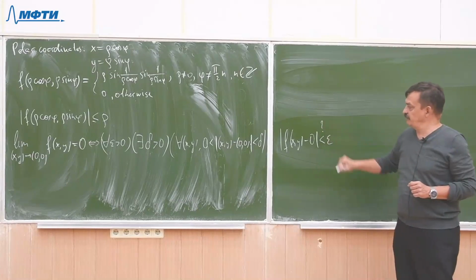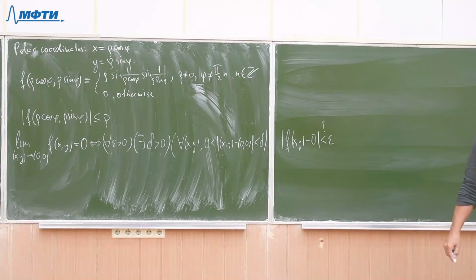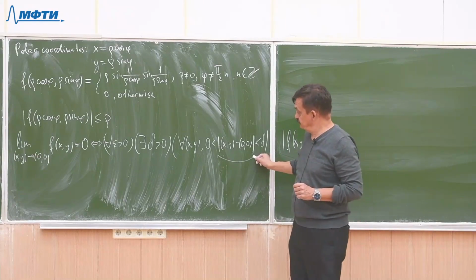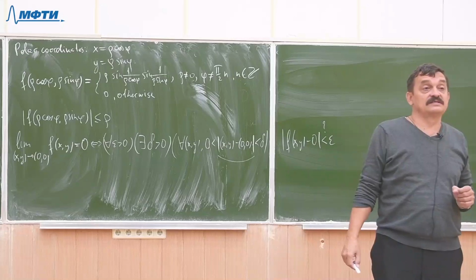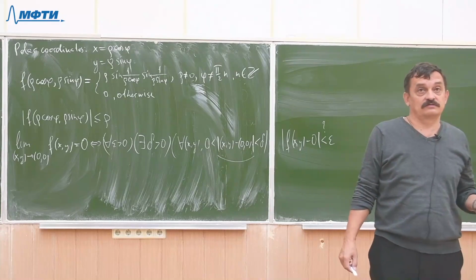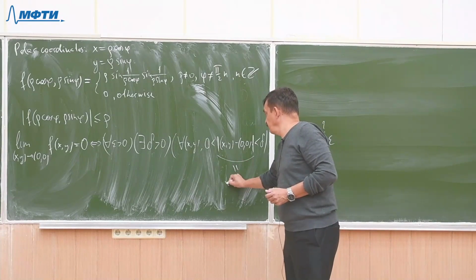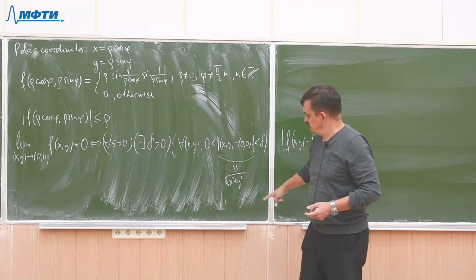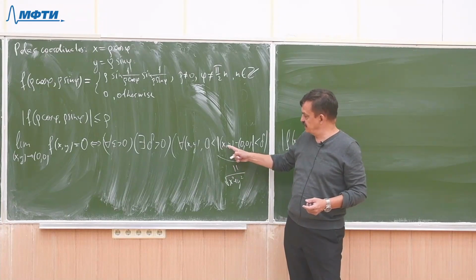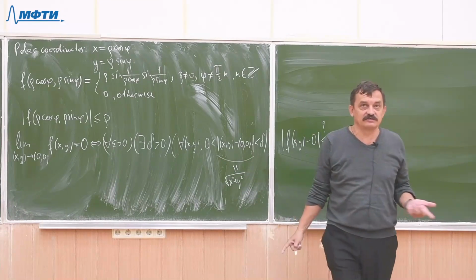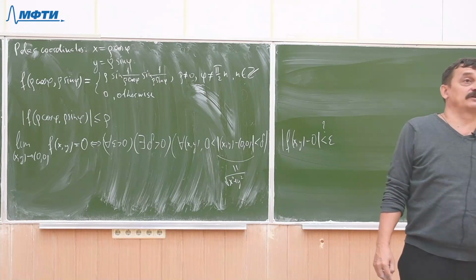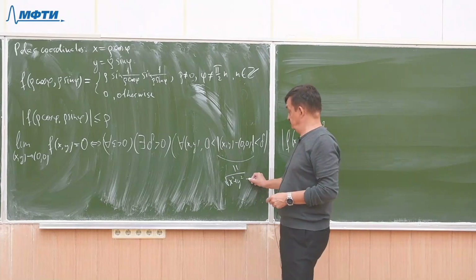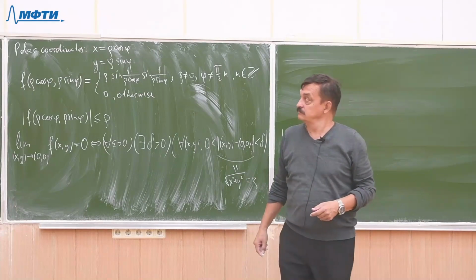So that is what I want to prove, right? Now, look. What is this distance between two points? We know what it is. That is square root of x minus 0 squared plus y minus 0 squared, that is square root of x squared plus y squared. And that is precisely rho, right?